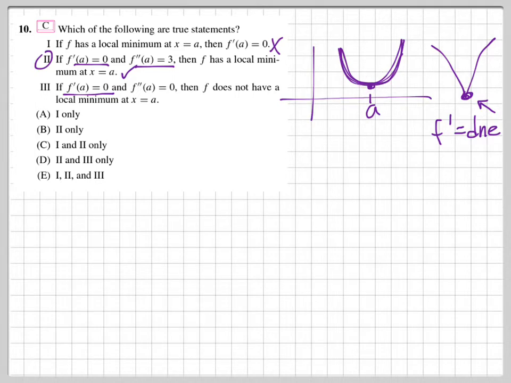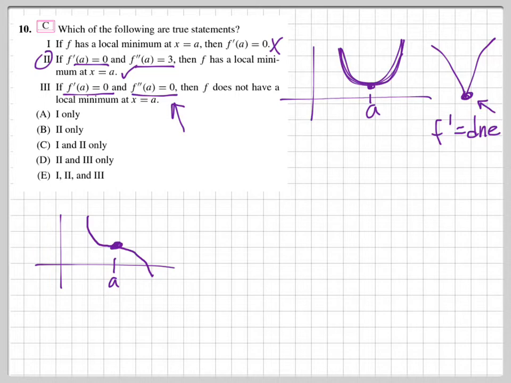But then you might have seen this, and you go, oh, hey, if f double prime equals 0 at A, that means there's an inflection point right there at A. And so you're thinking like this. First we're concaving up, and then we're concaving down. We have a horizontal tangent line right there, but the concavity changes, therefore there's no minimum there.